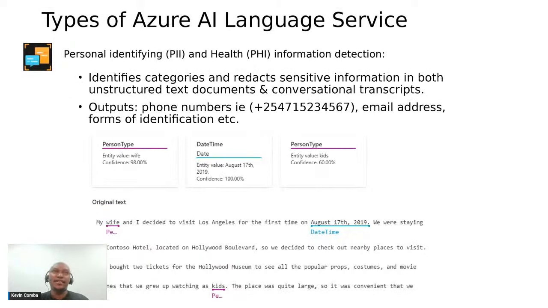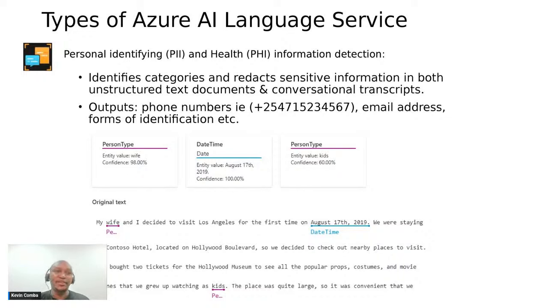There is also a service known as personally identifiable information and health information detection, PII for short. It's able to identify personal details concerning a human being, like a phone number and email address, and also other details which might identify the health of someone.